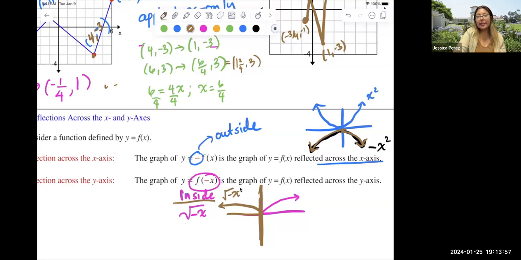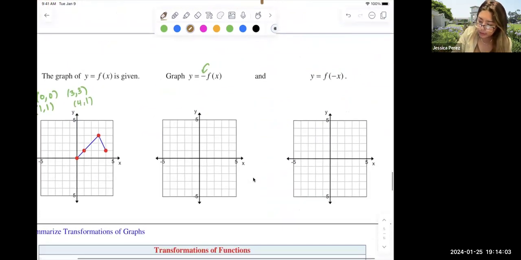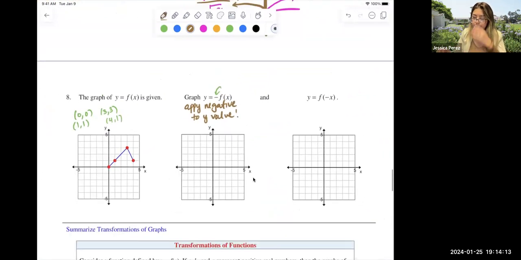So we're going to apply the negative to the y, only because it's a reflection across the x. So if we have 0, 0, that stays the same.